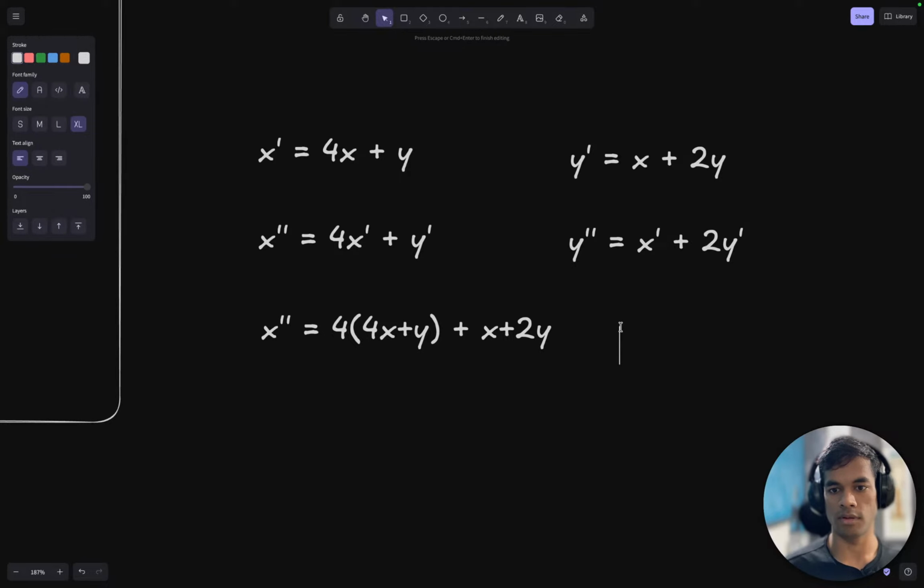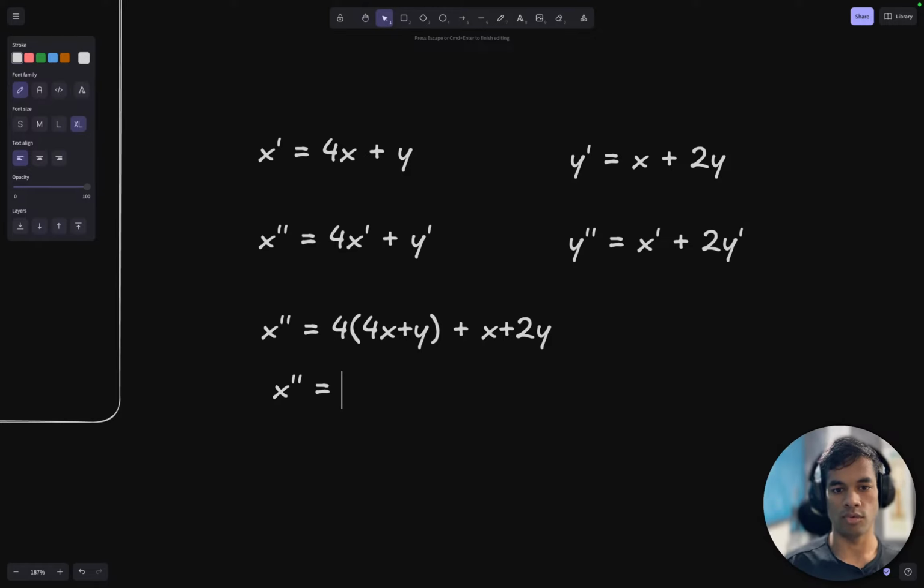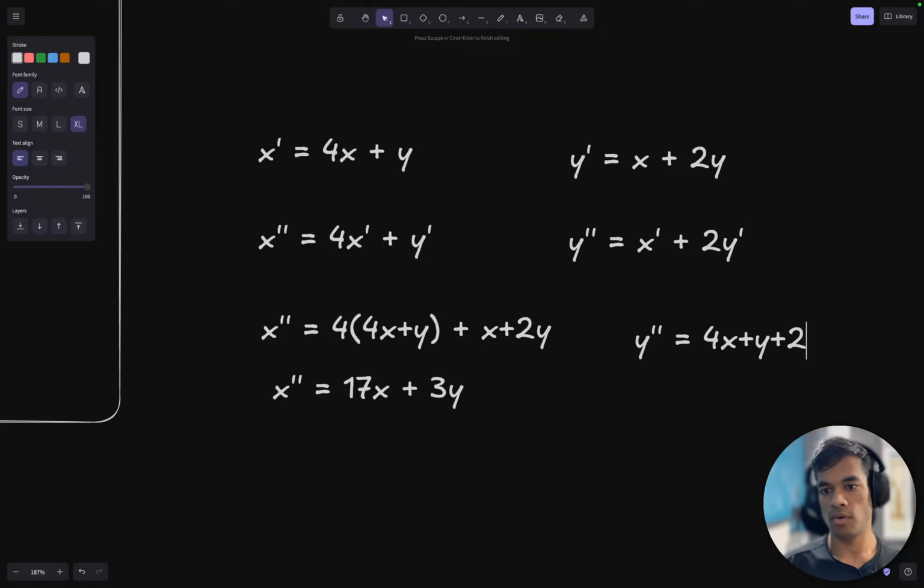That is the thing. And if we take this further, then x double dash would be equal to, in total, 17x plus 3y, and in here we'll have y double dash equals 4x plus y plus 2x plus 4y, which is just 6x plus 5y.